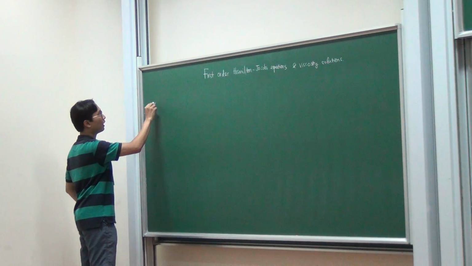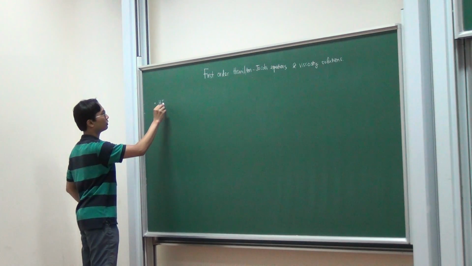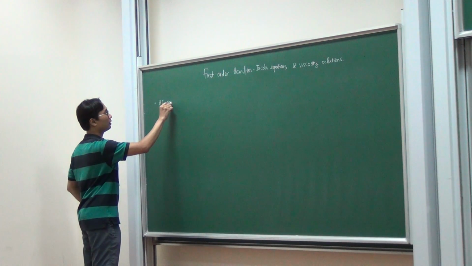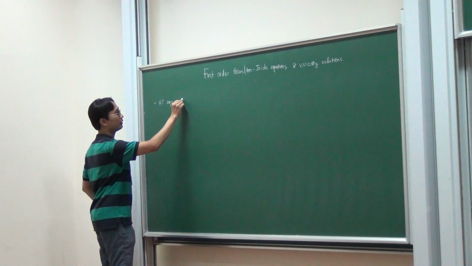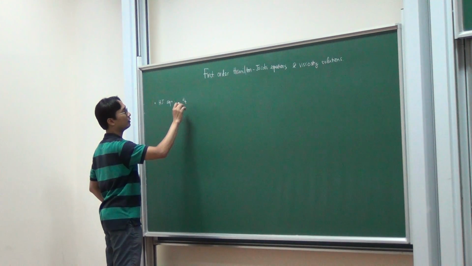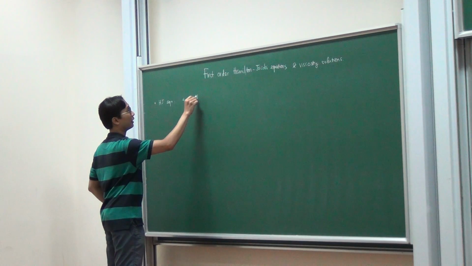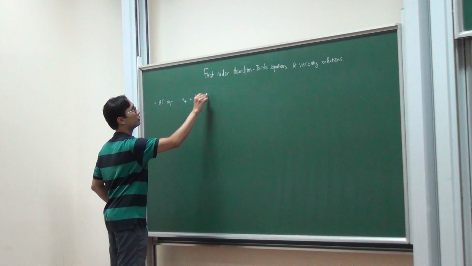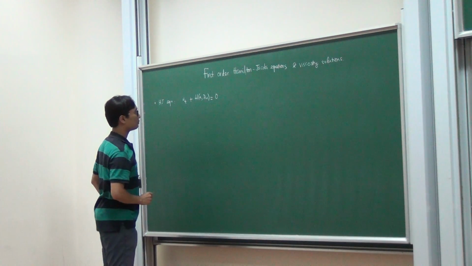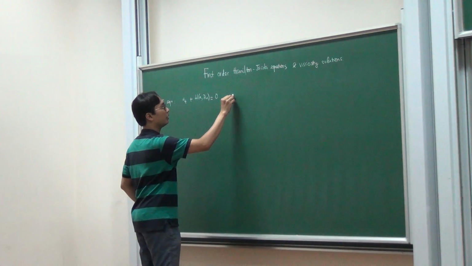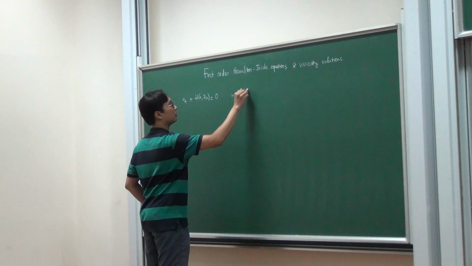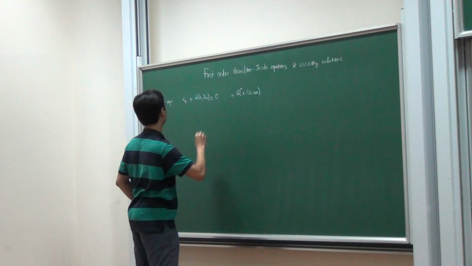So the first order Hamilton-Jacobi equation, so the short HJ equation. First order often means this equation: u_t plus H(x, Du) equal to 0 in R^n times (0, infinity), something like that.